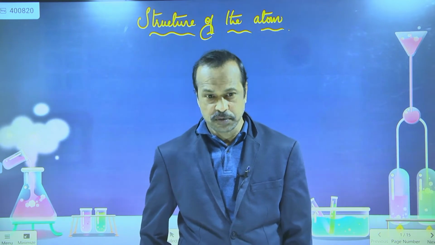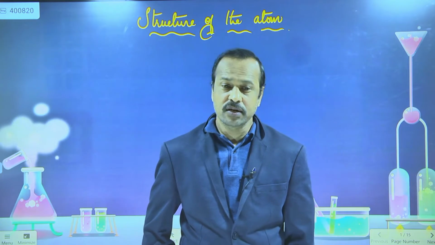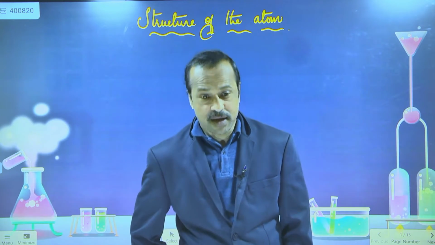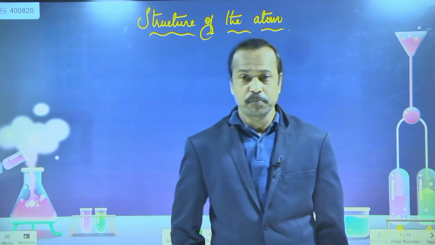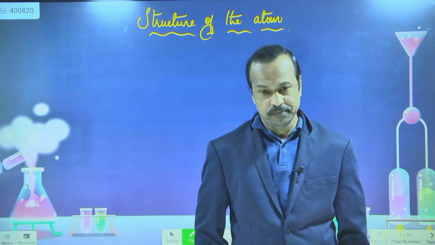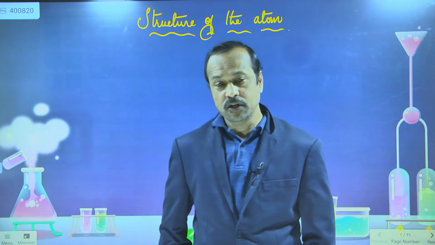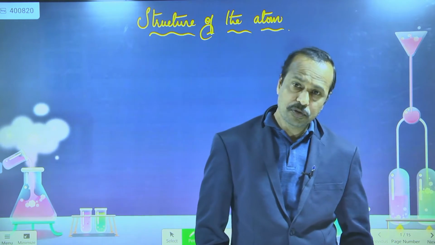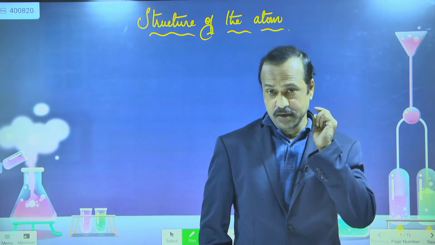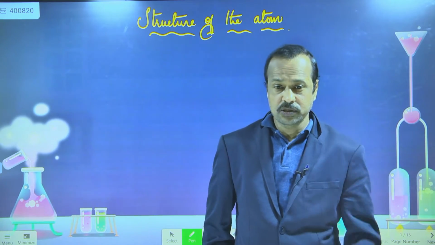The meaning is approximately 215 years back. So John Dalton proposed Dalton's atomic theory, and in it he said the same thing, that atoms are indivisible. And of course some other properties were also told by him.